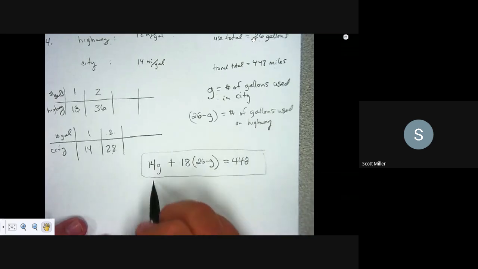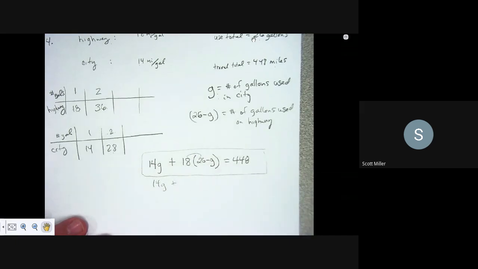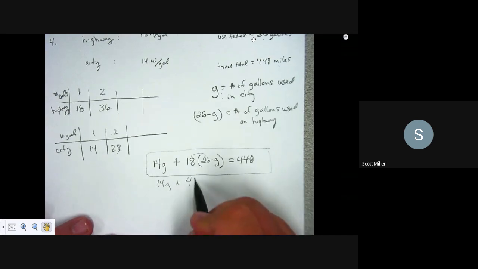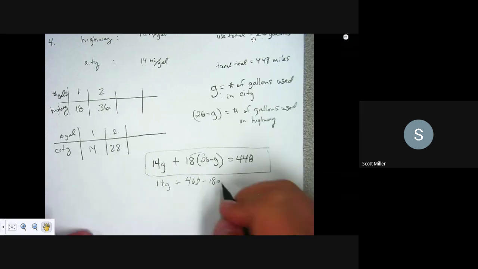14G, distribute this out, and we get 468 minus 18G. It's 448.